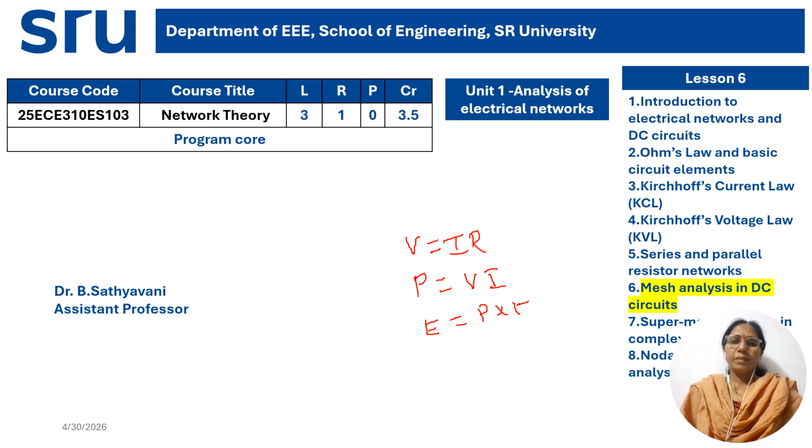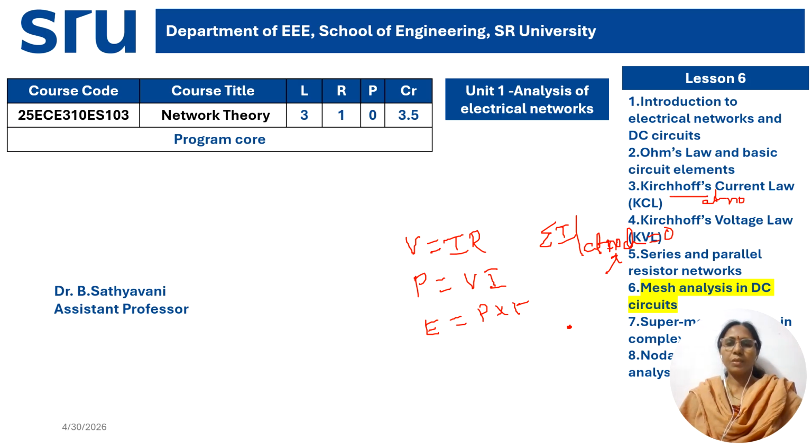Okay. And in lesson number 3 we discussed Kirchhoff's current law. According to Kirchhoff's current law, the algebraic sum of currents at a node equals 0. A node is the point at which two or more elements are connected together, and a node is also known as a junction. So this KCL is applicable at a node.